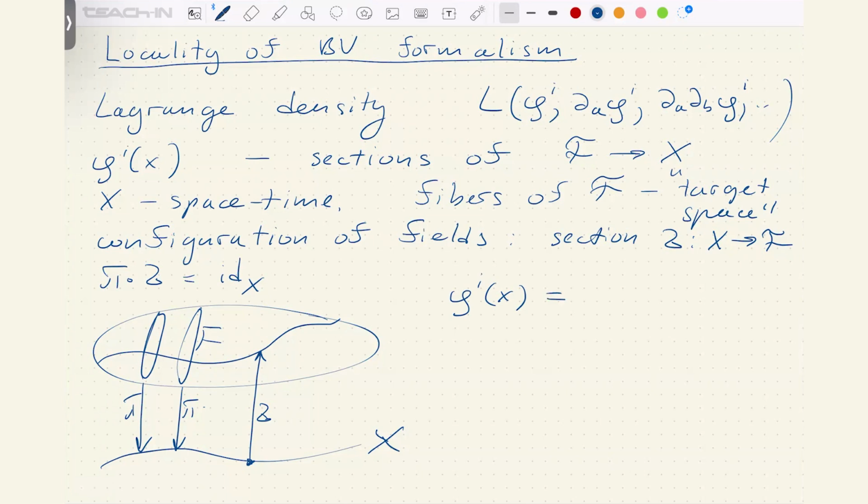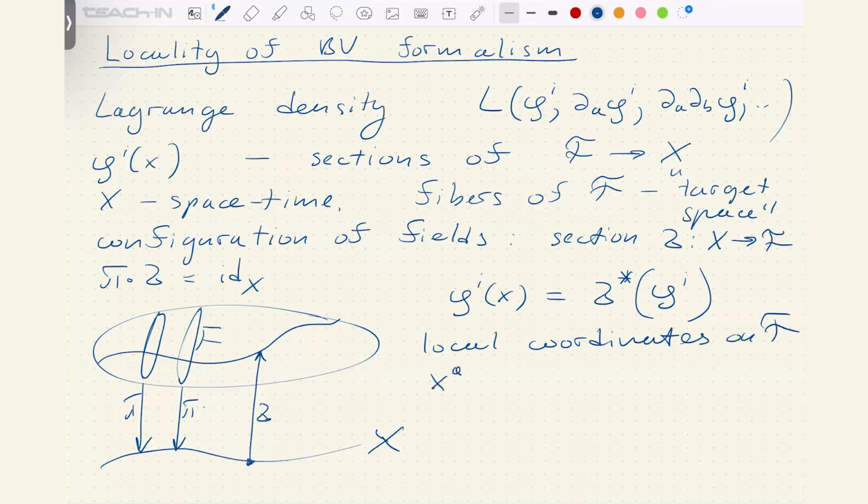Strictly speaking, this is sigma star, the pullback map determined by sigma, applied to coordinates phi I, which are local coordinates on F split into x^a and phi I. So we take local coordinates on X and pull them back to the total space to get a part of a coordinate system, and then we complete them with phi I, which are coordinates on the fibers.